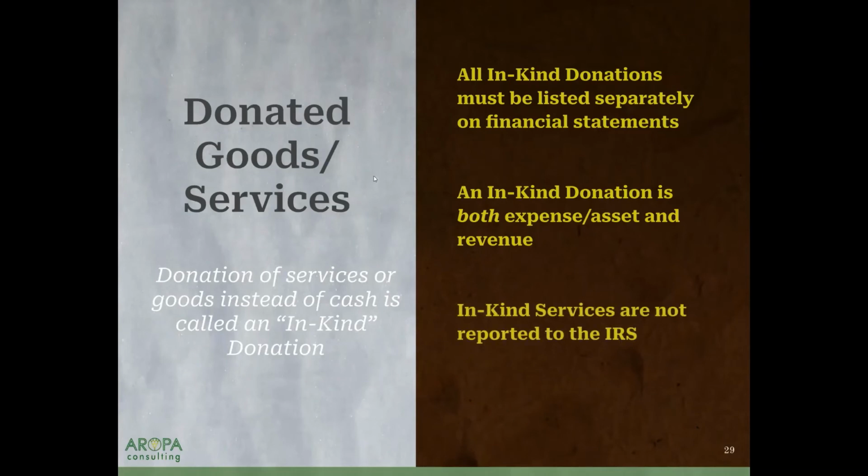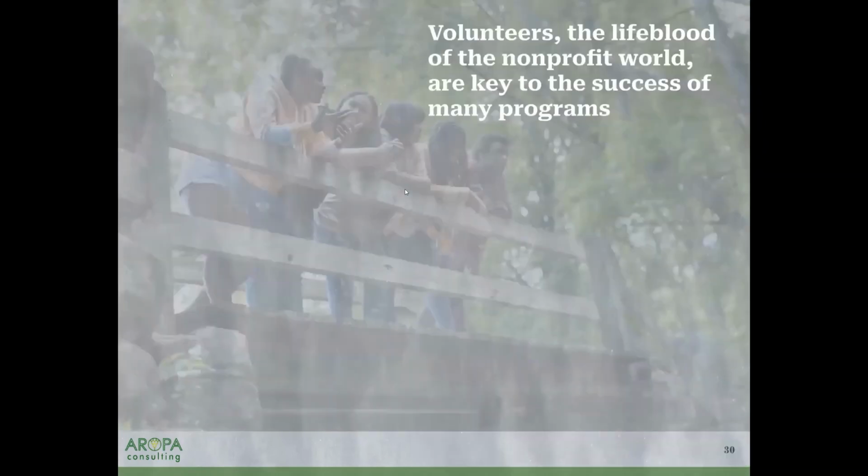Note that although in-kind donations and services are listed on your financial statements, the IRS only cares about in-kind goods. Those must be on your financial statements. In-kind services do not necessarily have to be, but they should be recorded for especially high-level services, like I said, like an accountant, so that you can, from a financial perspective, know when you might need to pay for services in the future.